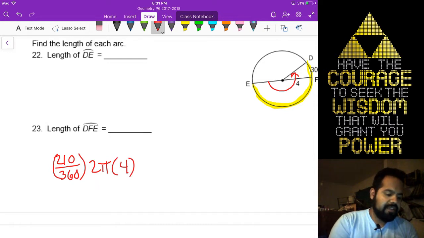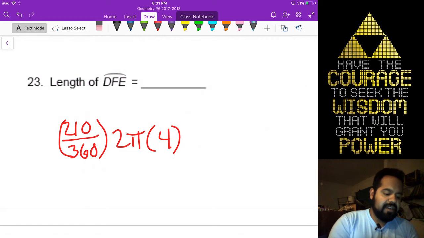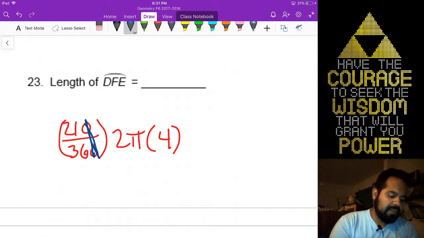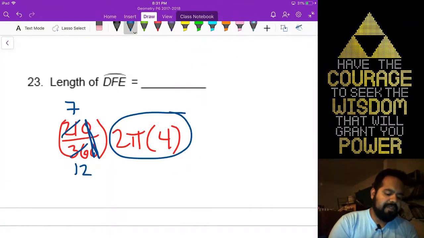So if we use some arithmetic here, 21 over 36, because I can cross out the zeros. I have two numbers that are divisible by 3. So if I reduce this by 3, I get 7. And then that gives me 12. Now over here, this part simplifies into 8 pi.